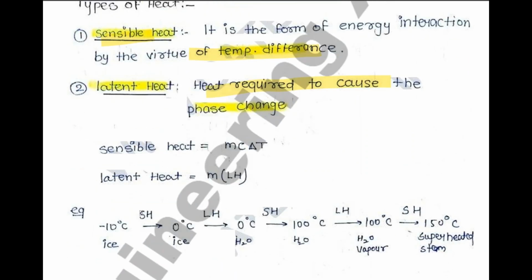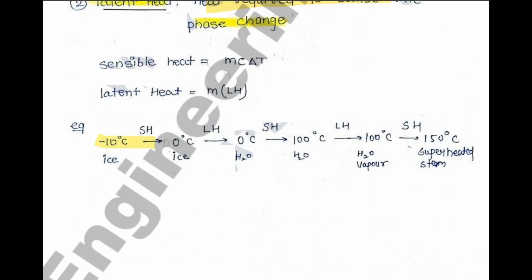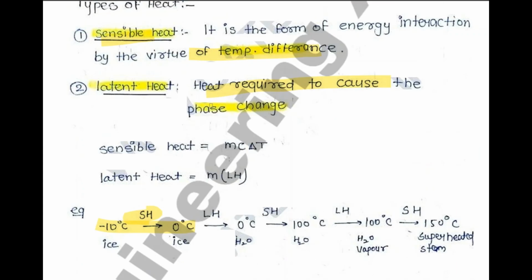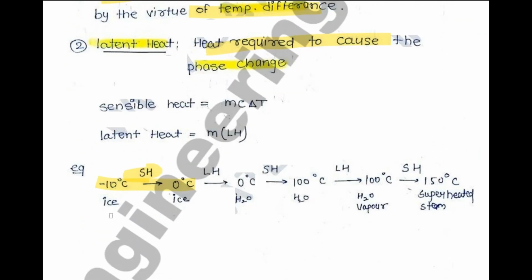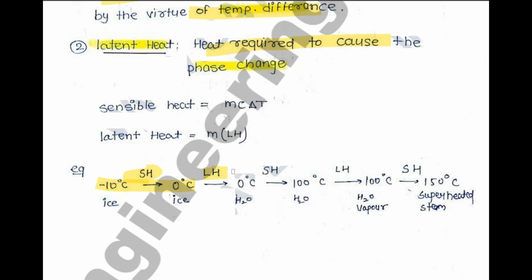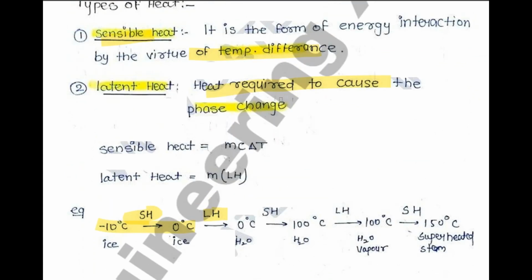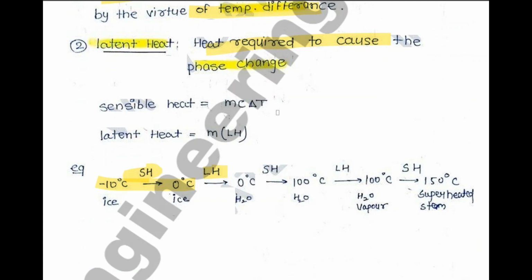So you can see here an example, from minus 10 degrees Celsius to 0 degrees Celsius. This will be sensible heat because there is no phase change over there. This is only due to the temperature difference. But at 0 degrees Celsius, ice will convert to water. Therefore, the heat required to cause the phase change is latent heat because there is no temperature difference.